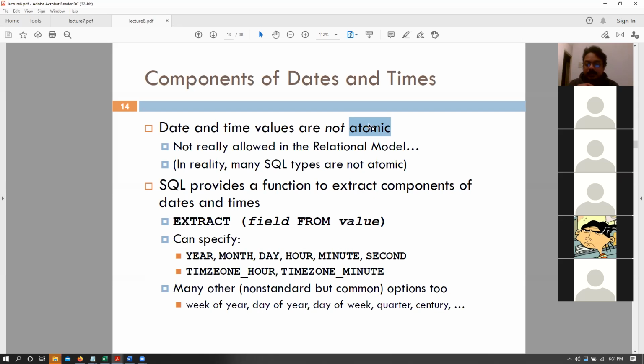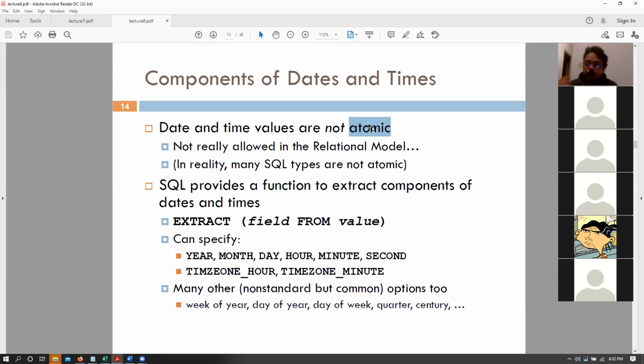You have to change them as a whole or nothing at all. The example in the relational model was given a date value, let's say month, year, and day, we should not be able to just change the year. If we want to change the date, we would need to scratch that entire date and write a new date. So that was in terms of the relational model.